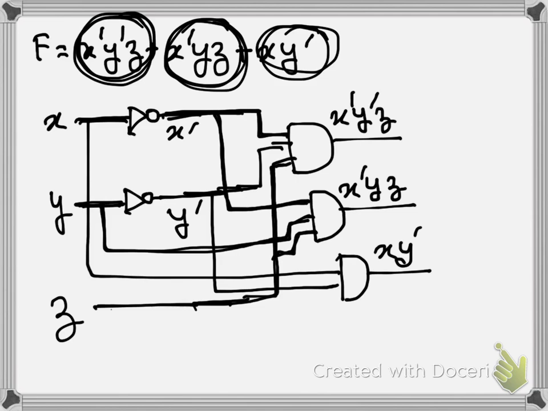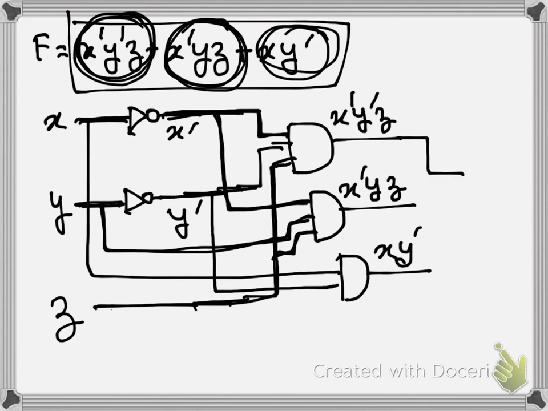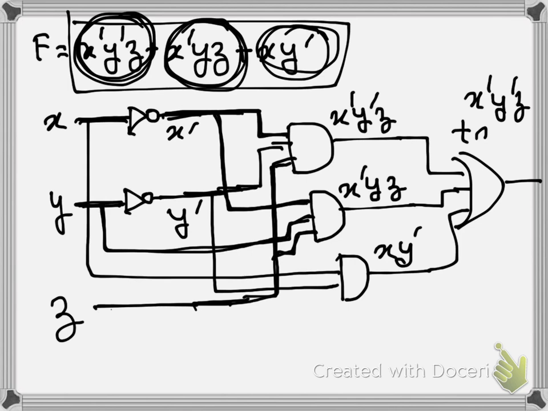Now I have to combine all 3 of these, and the operator is plus, which is OR. So I can have one OR gate which will combine all 3 of these. So I get x dash y dash z, or x dash y z, or x y dash, which is our function f.